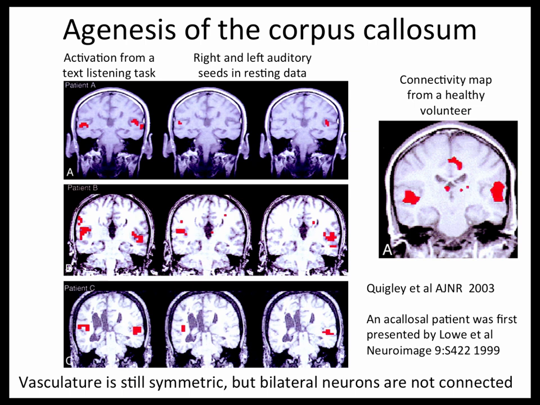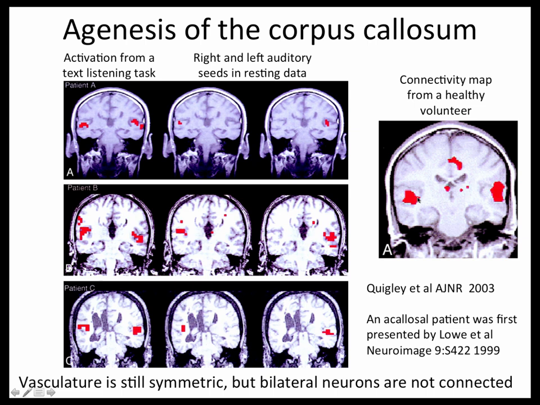For resting state, this was a study that did another interesting population, which was agenesis of the corpus callosum. So the corpus callosum are the fibers that connect the two halves of your brain. And in theory, actually, let me take a step back. I forget if Katie covered this on Monday, but one of the big concerns with resting state was your vasculature is symmetric.